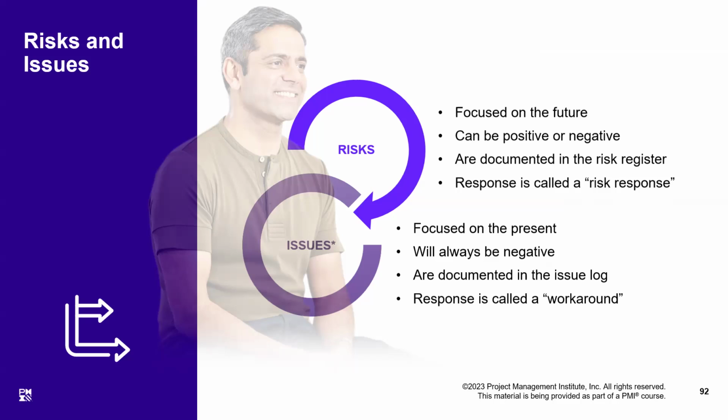How do we respond to risks? The response is called the risk response. What does the response of an issue look like? That is called a workaround or an alternate plan and things like that. I hope this matter is understood and closed.